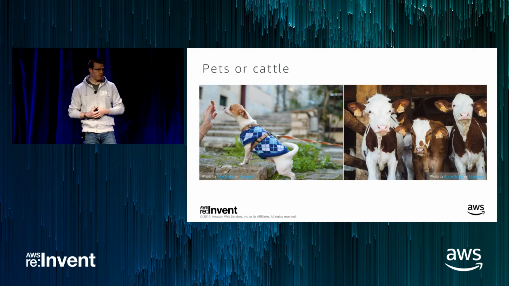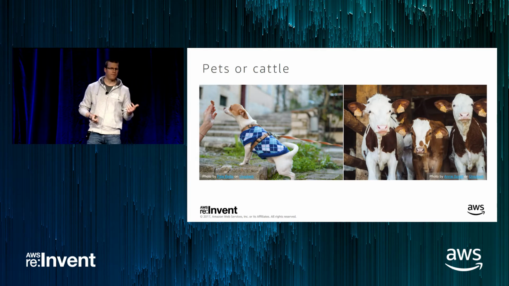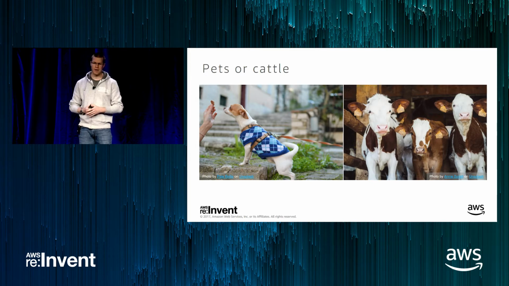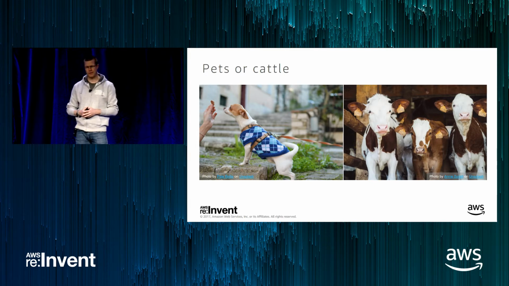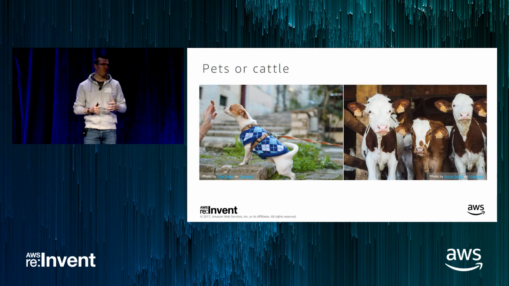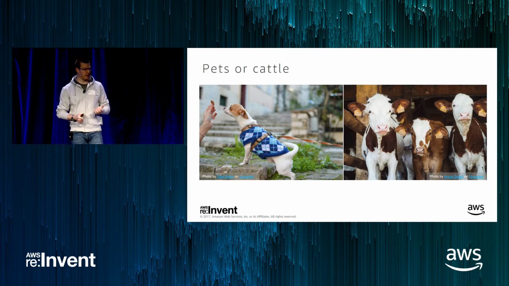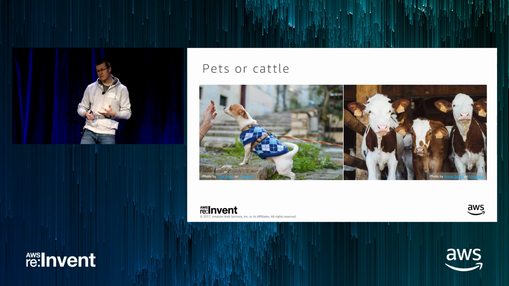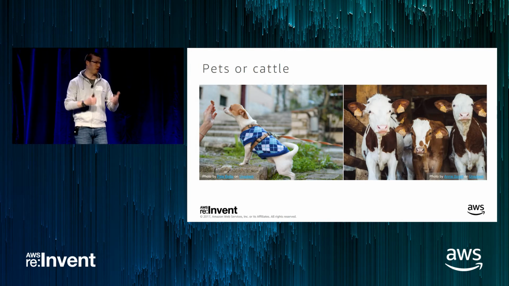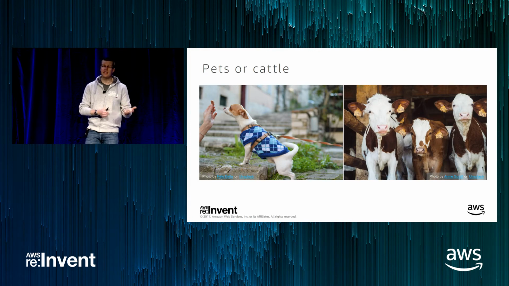We all like pets, right? We love our dogs, we love our cats. As you can see on the left side of this picture, we love to pet also our servers, many, many times, because it's sometimes much easier to just log into your server and do something because the server needs something.